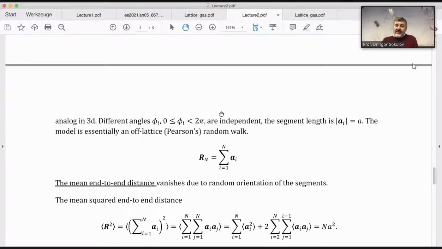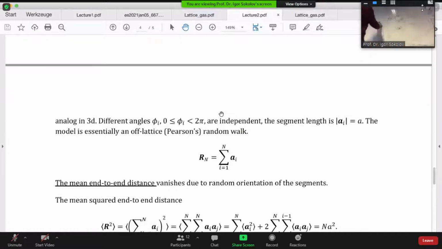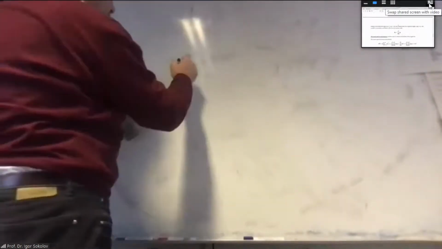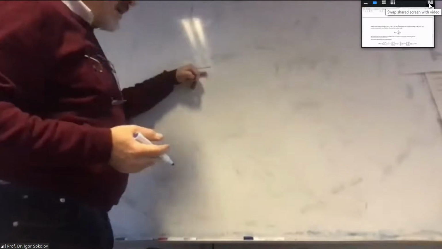So now let us imagine that I can describe my chain either on lattice or off lattice. We will see that it doesn't play any role, with something which is freely rotating. So off lattice, this is really something like this. It's the size of my step, so to say, of a chain.